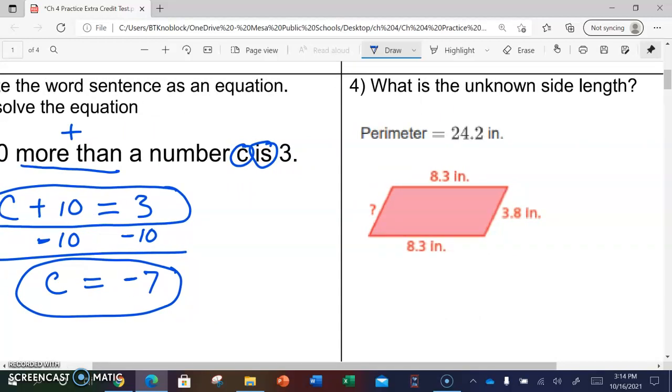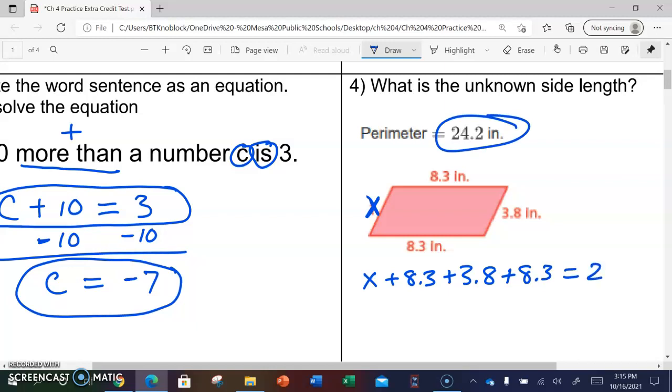So this one, they give you the perimeter, and then they try to find this missing side. So you have to go the missing side plus 8.3 plus 3.8 plus 8.3 equals the perimeter, which is 24.2. So then if you add up all those three sides, you have x plus 20.4 equals 24.2.